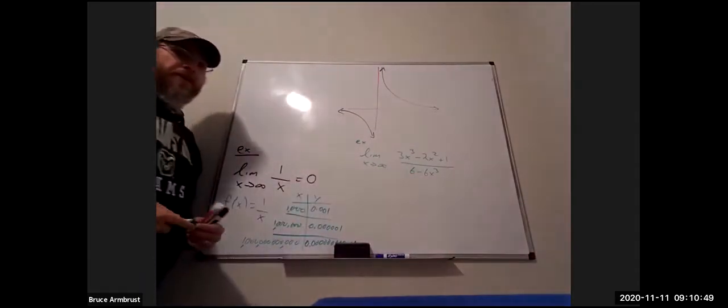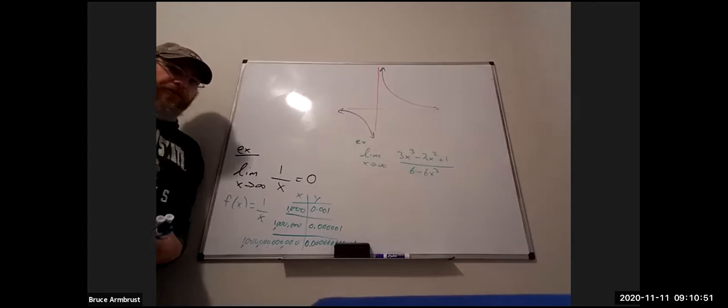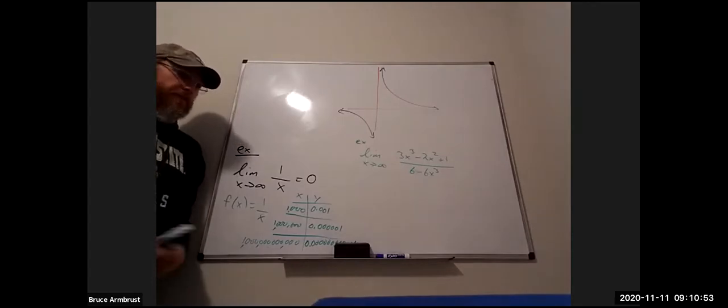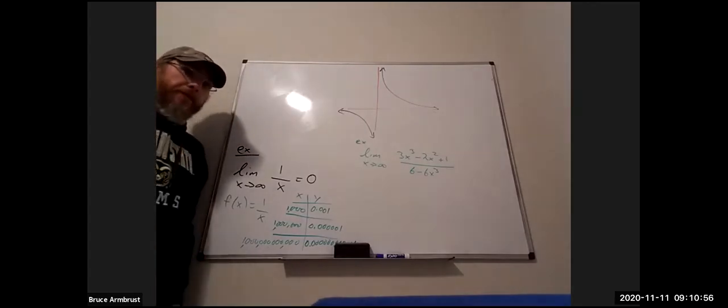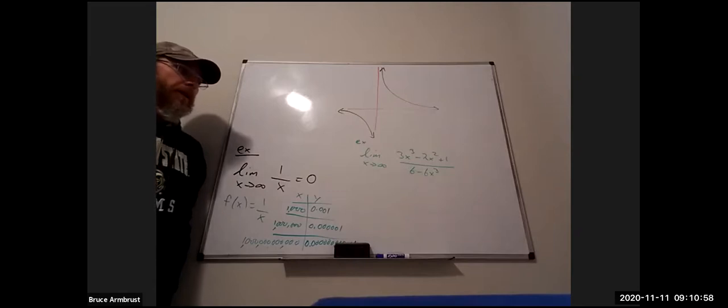So there's a function that probably none of you can visualize what it looks like. At least that's my hope. I have no idea what this looks like. But I still want to know what happens as I go towards infinity.